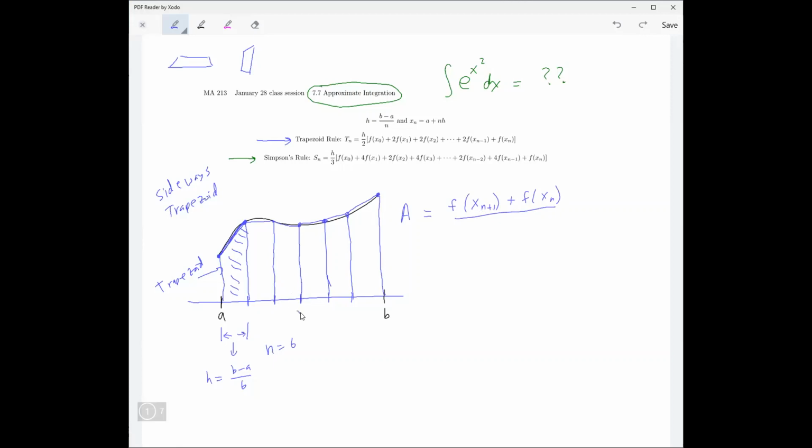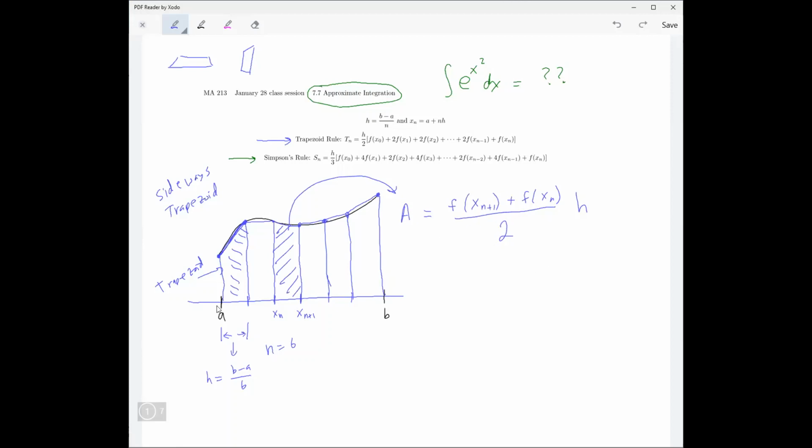So if this is x n plus 1 and this is x n, then this area here would be the average of these two heights times h. That's going to be the area.